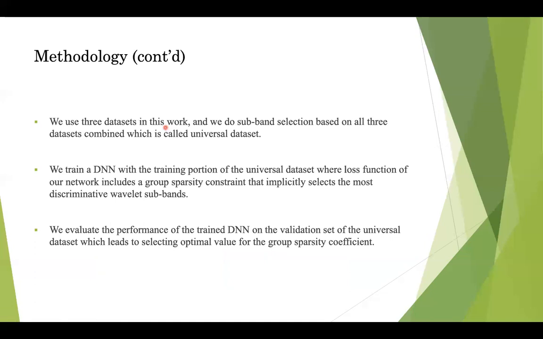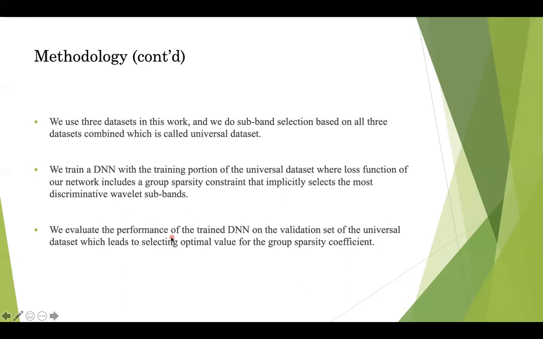In this study, we use 3 datasets, VZAP17, LMA, and Morgan, and we do subband selection based on all 3 datasets combined, which is called the universal dataset. We train a deep neural network with the training portion of the universal dataset, and in this deep neural network, the loss function includes a group sparsity constraint on the weights of the first convolutional layer, which implicitly selects the most discriminative wavelet subbands.